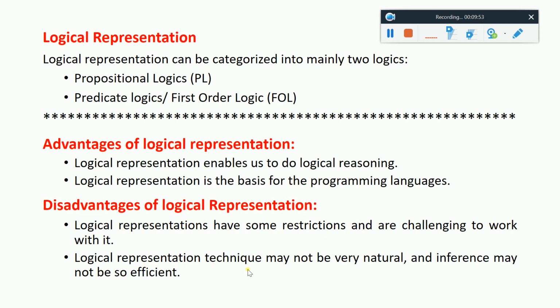The second disadvantage is that the logical representation technique may not be very natural, and inference may not be very efficient. So basically, in logical representation, we do have a set of knowledge, and on that knowledge we apply some inference rules, and we deduce or conclude some more knowledge. So it is not necessary that the knowledge we have concluded from the given knowledge would be that efficient or that natural.